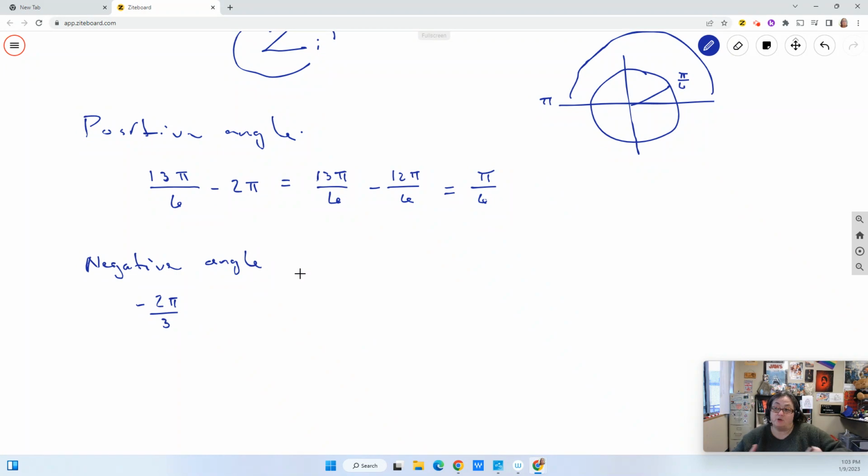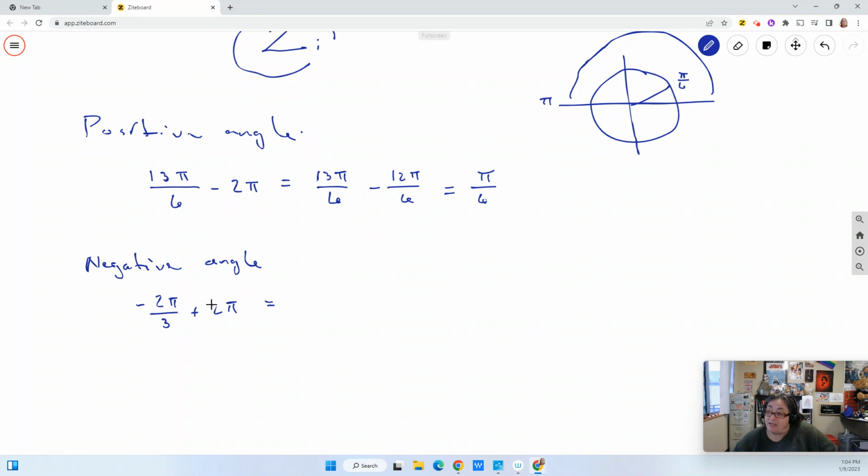To find the coterminal angle of a negative angle, we're going to add 2 pi. For a positive angle, we subtract 2 pi from it. From a negative angle, we add 2 pi.